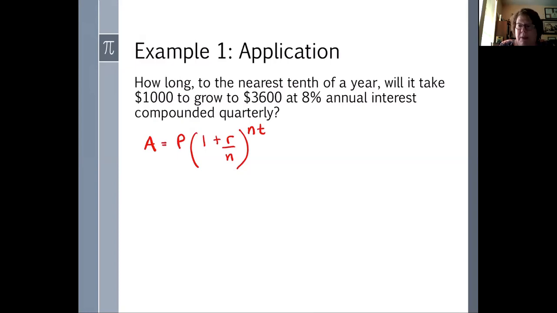So this is going to be an exponential equation because the variable I'm solving for is in the exponent of my equation. So I'm going to replace all the values I know and solve for t. So what are we doing here? How long will it take $1,000? So our principal is going to be 1,000 to grow to 3,600. So that's how much we're going to have in our account after so many years. So that is A.